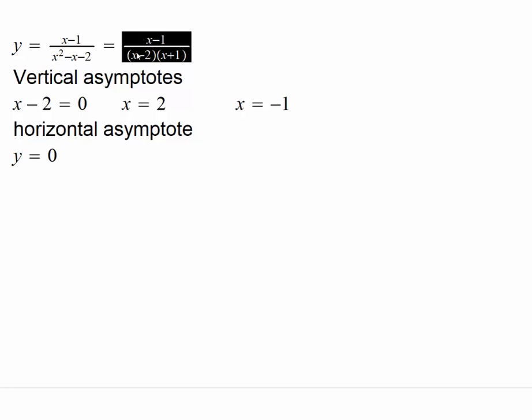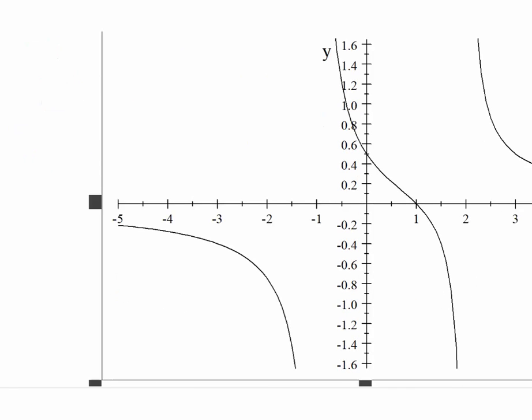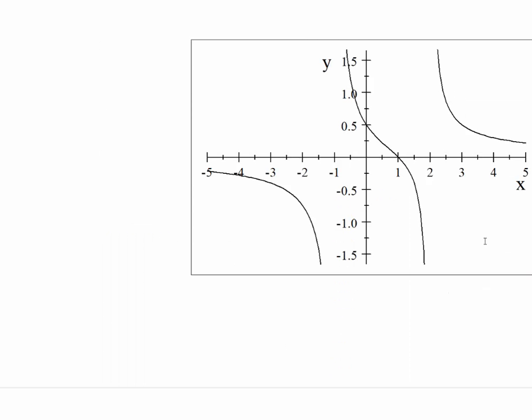And if you graph the function, you can use your graphing calculator. I'm just quickly going to show you a graph here. You see that we have vertical asymptotes at x equals 2 and x equals -1.